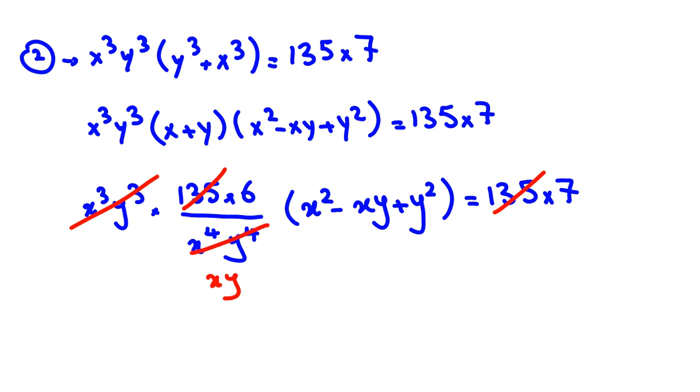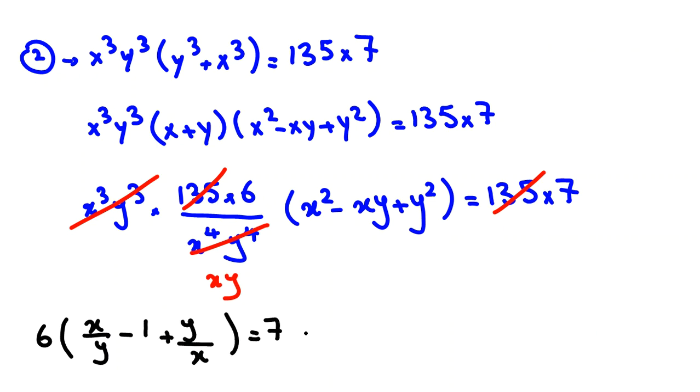xy will be left. And if I write this, it is what? I can say 6 divided by xy times x squared over xy, which will be x over y, minus xy over xy, which is -1, plus y squared over xy, which will be y over x, equal to 7.